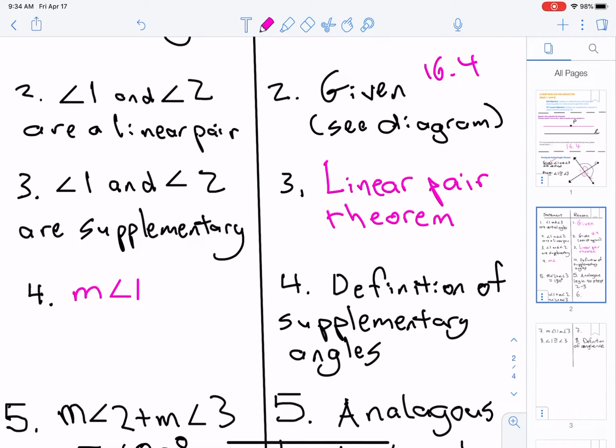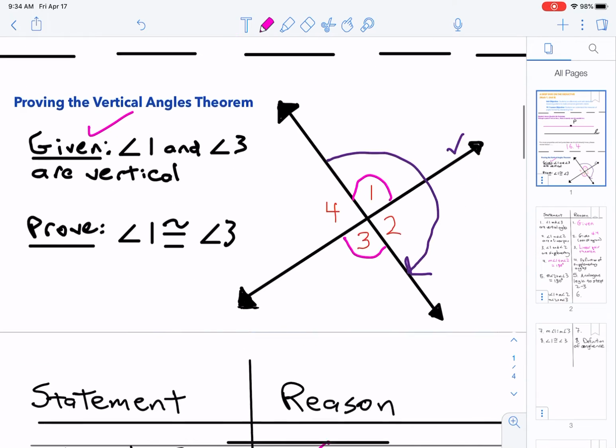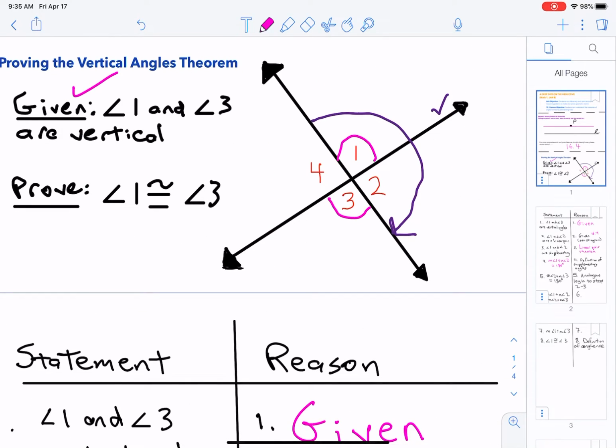The measure of angle 1 plus the measure of angle 2 sum up to 180 degrees. In other words, looking at this purple arc here, those two angles 1 and 2 add to 180.